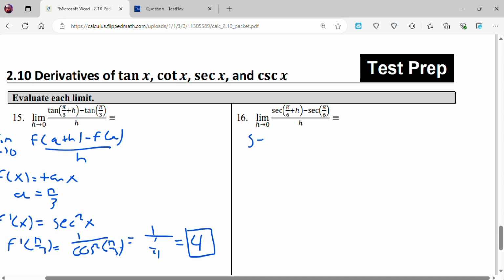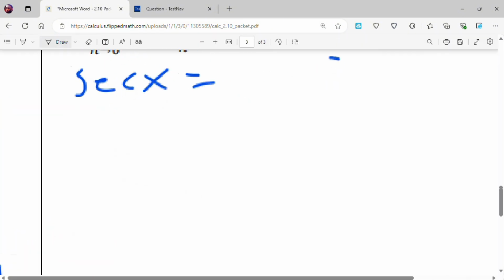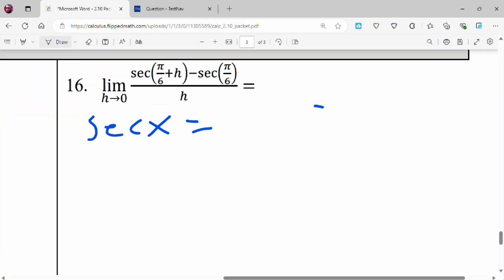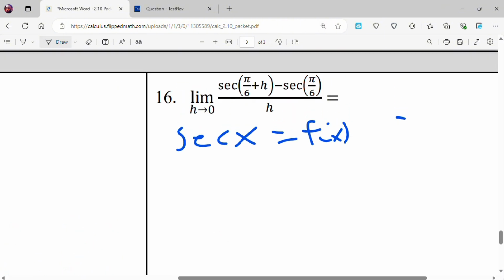So secant x equals f of x, right? And then pi over 6 equals a. F of a is secant pi over 6.